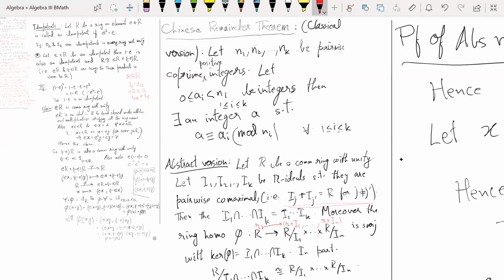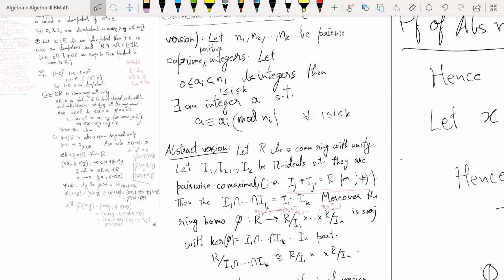Okay, then this is a surjective ring homomorphism, and the kernel of this ring homomorphism will be the intersection of these ideals, which is the same as the product of these ideals. So in particular, by the first isomorphism theorem, R mod this kernel is isomorphic to the codomain, because it's surjective.